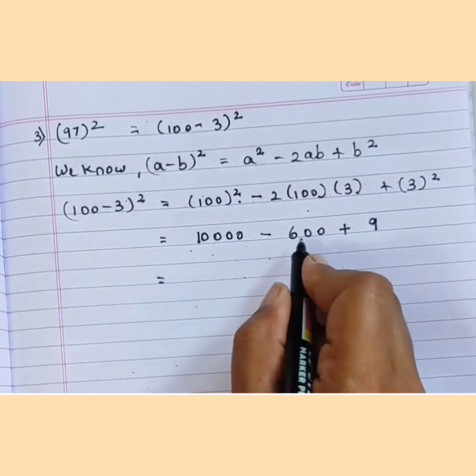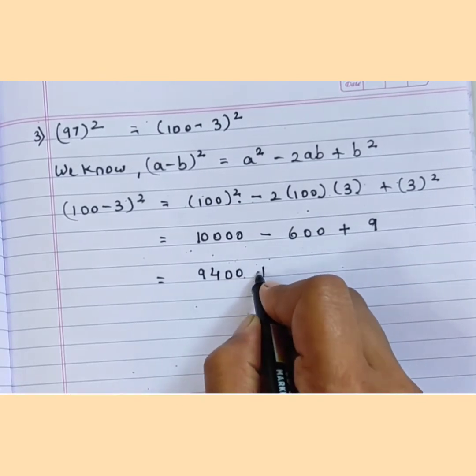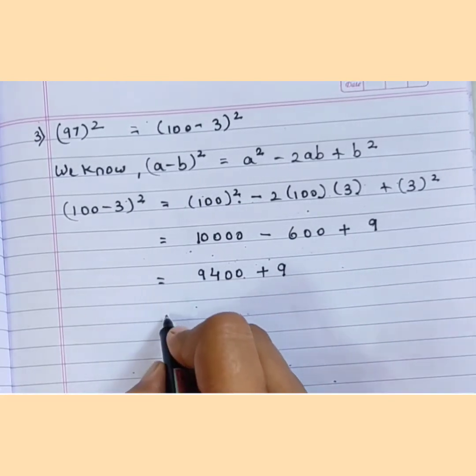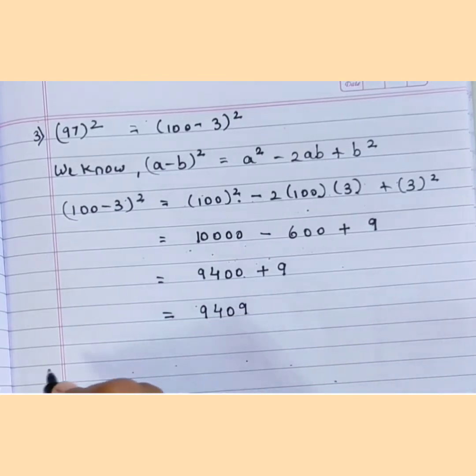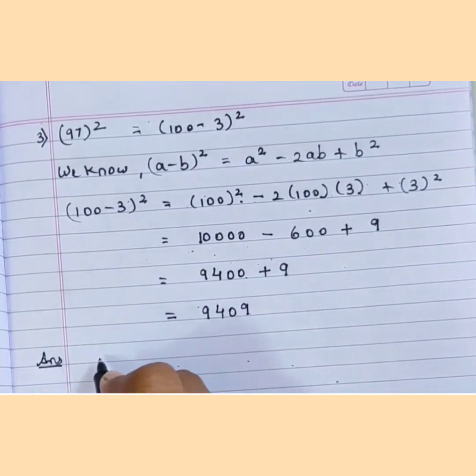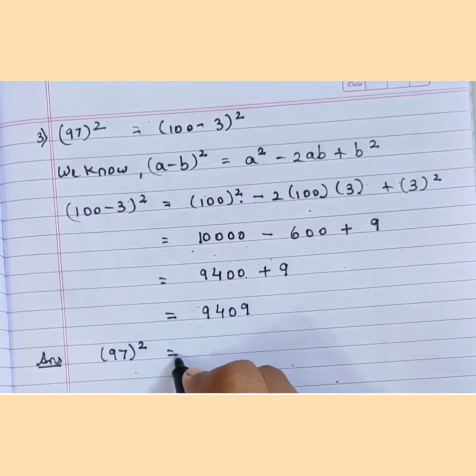So now 10,000 minus 600, we get 9,400 plus 9. So our final answer will be 9,409. We will write our final answer, that the value we got for 97 square is 9,409.